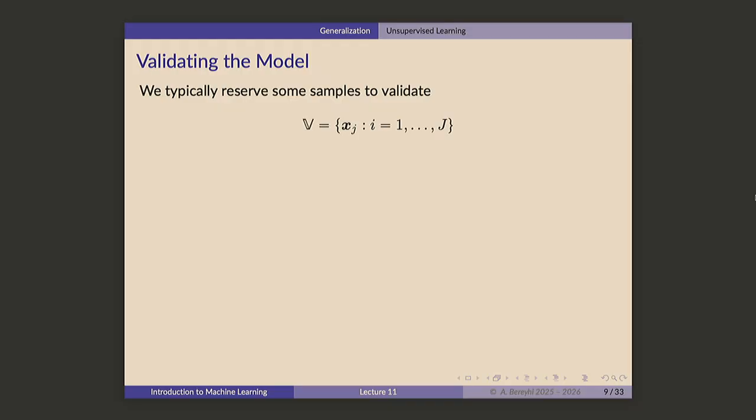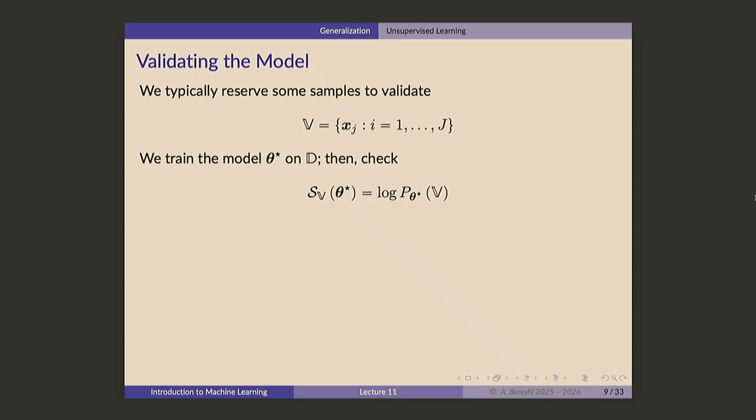So if you set your hyperparameter, then you can do a trick called validation in order to make sure that hyperparameter is a fair choice, right? How can you do it? Well, I can take a set V. This set is neither the test set nor the training set.